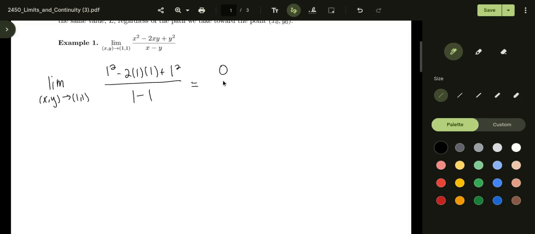And our denominator is 1 minus 1, which is also 0. So here we have 0 over 0, which is undefined.